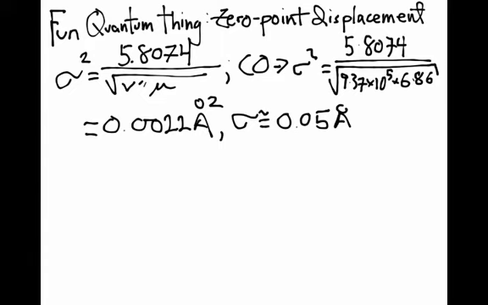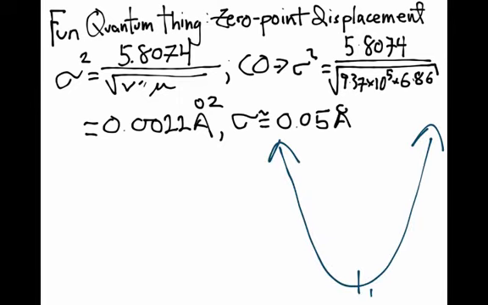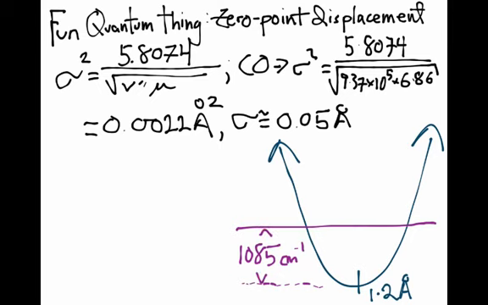It's like the half width as you go down the Gaussian function. So actually, if we're going to take the full width of this Gaussian function, where the bond length, remember, is about 1.2 angstroms. So here's the ground state. It's about 1085 wave numbers up, the zero-point energy of carbon monoxide. That's half of the characteristic frequency of a carbon monoxide vibration.